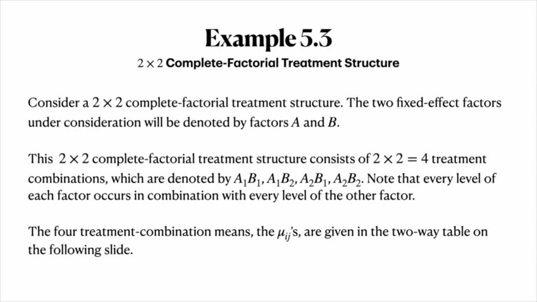Now note that every level of each factor occurs in combination with every level of the other factor, and so this is indeed a complete factorial treatment structure. The 4 treatment combination means, the μij's, are given in the two-way table on the following slide.